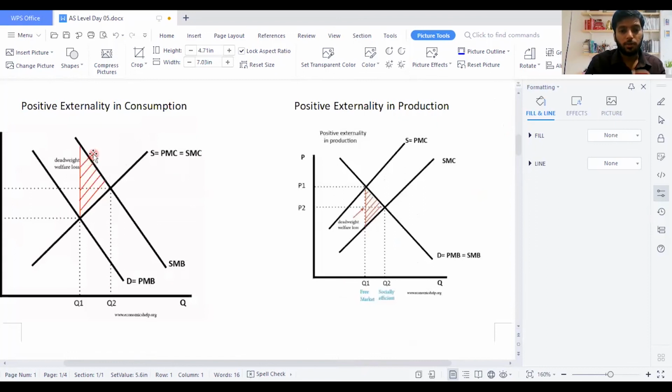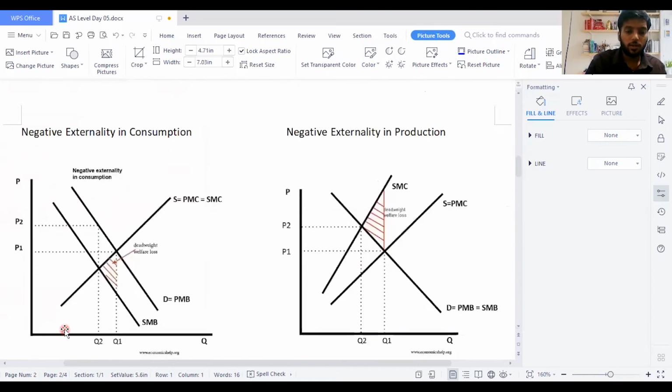You might see in positive externality of consumption, you had the dead weight loss on top, but in negative externality of consumption, you might see the dead weight loss in the bottom part because your curves are intersecting one another.